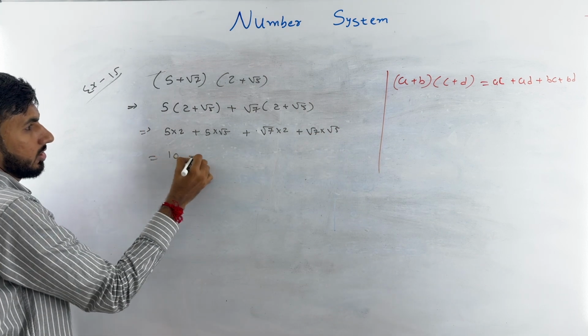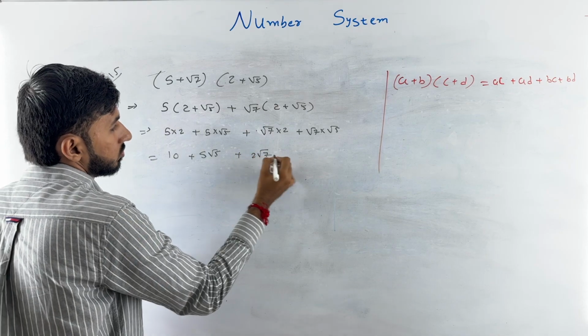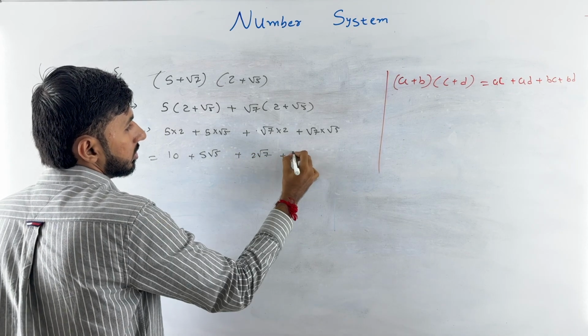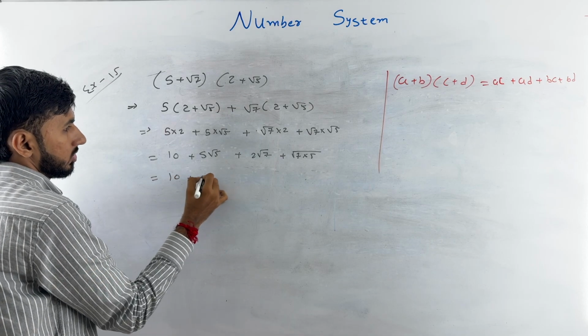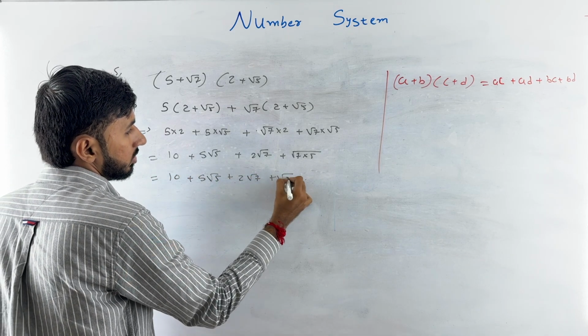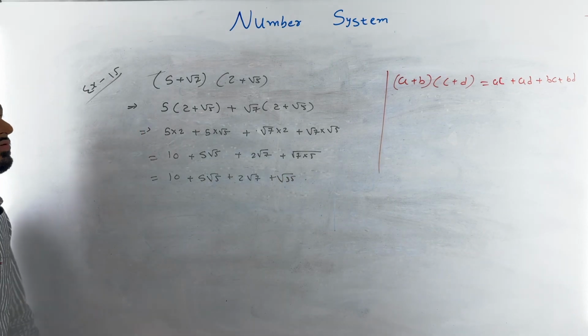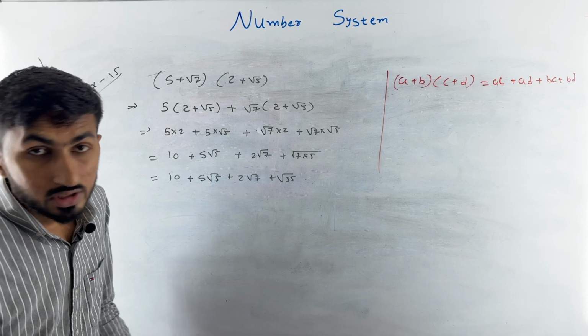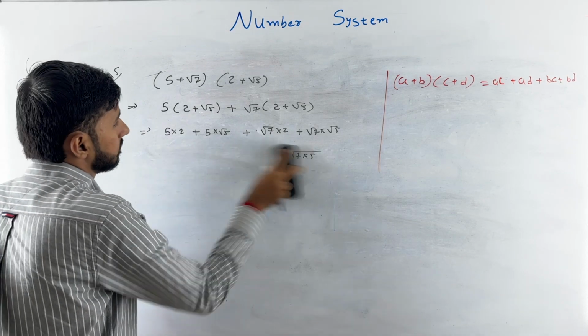Now 5 times 2 is 10, plus this is 5 root 5, plus here I can write 2 root 7, plus here I can write square root of 35. So it is the same process that we followed in standard 8. It is very easy.